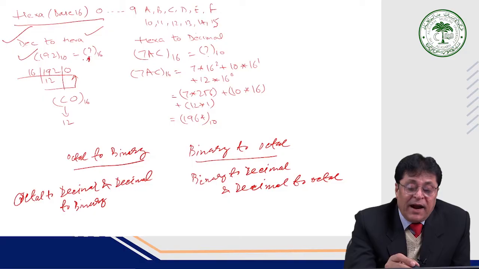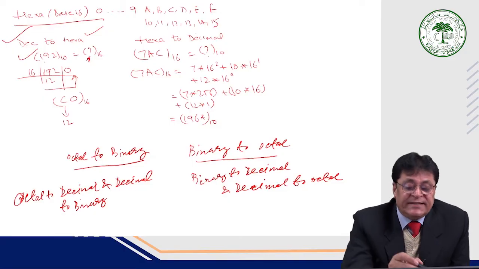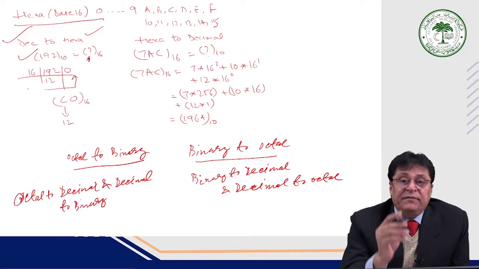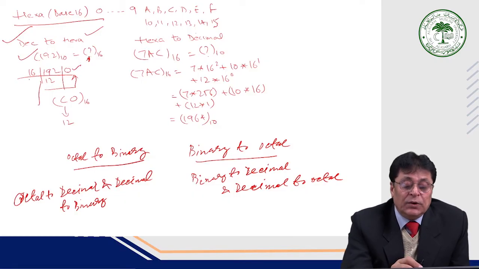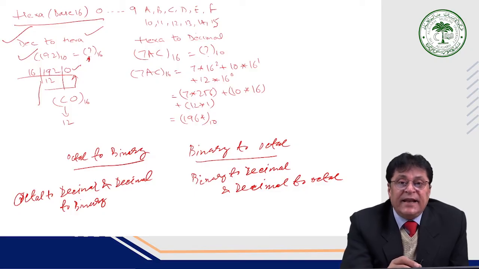So we will divide 192 by 16, and we will record the quotient as well as the remainder. On dividing 192 by 16, we get a quotient of 12 and a remainder of 0. See, this 12 is less than 16, right? So we'll stop here.